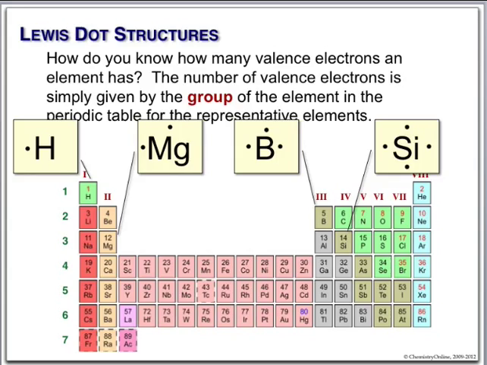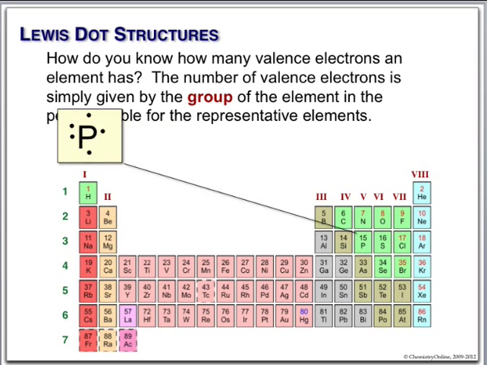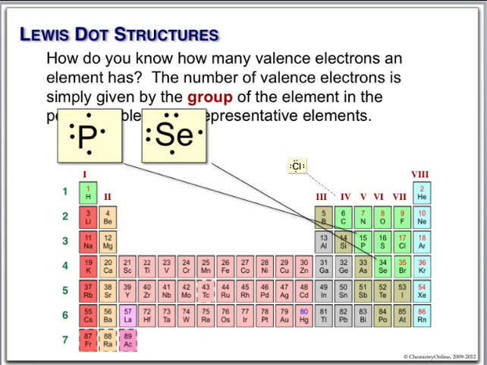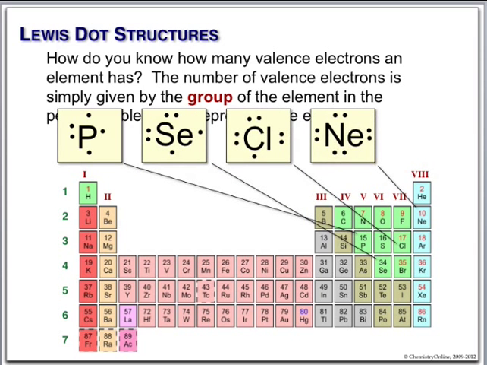That's why we go 1 to 8. Hydrogen, magnesium, boron, silicon. We're in group 4, 4 valence electrons.